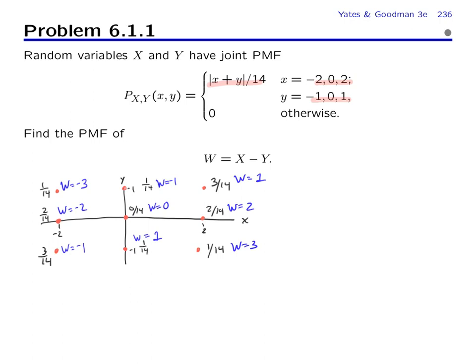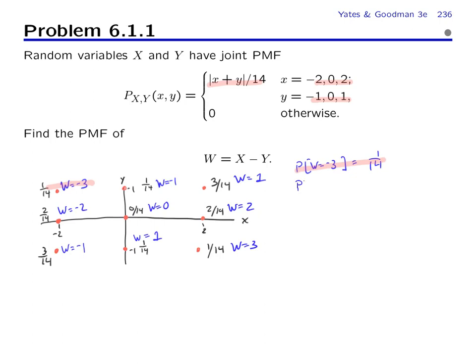Now we can make up a list of probability facts we see using the theorem. For instance, the probability that w is equal to minus 3 is 1/14th. And this fact comes from looking and seeing w equals minus 3 occurs only here, and its probability is 1/14th, and that corresponds to this fact.